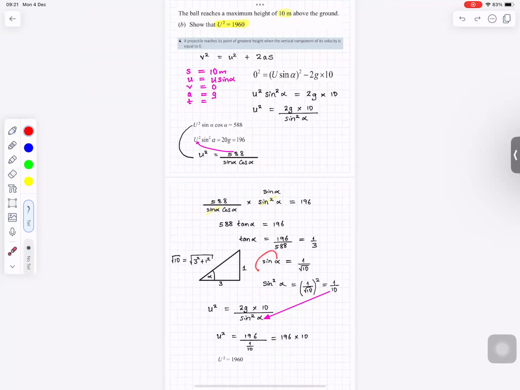Use a triangle to find what sine is, and then square the sine to get sine squared. So what we wanted to solve, I put in a circle there, was to find out what sine squared alpha is. We did all of this to find sine squared alpha to be 1/10 and put it in there to get the 1960.